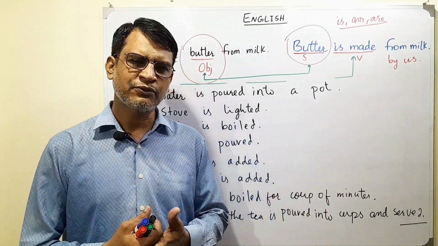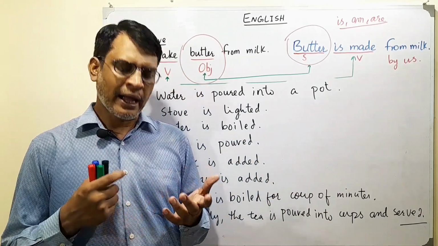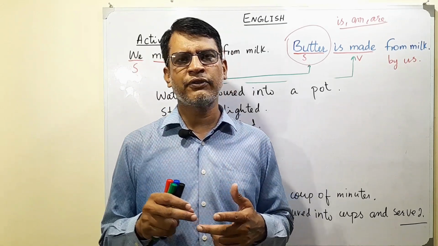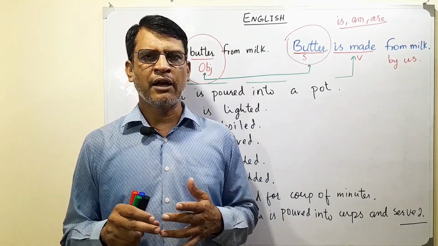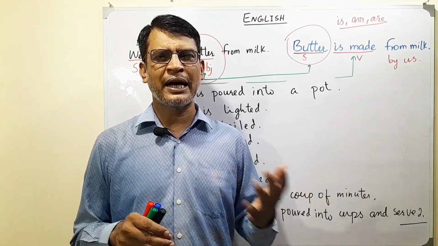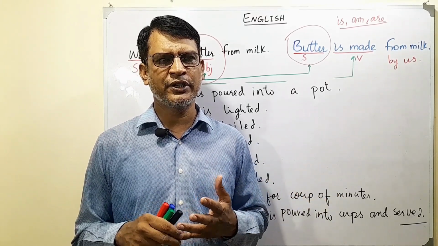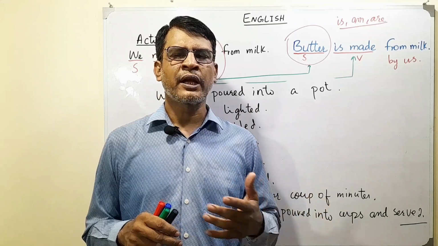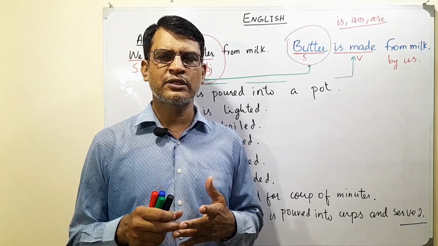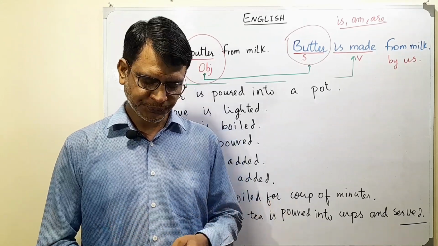And in a passive sentence, we always use the third form of the verb. Again, it depends. If it is in present tense, we'll use is/am/are. If it is in past, we'll use was/were. If it is in perfect, we'll use have, has. If it is in past perfect, we'll use had been. If it is in future, we'll say will be. If it is with must, may, might, could, should, have to, has to, we'll use be with them.